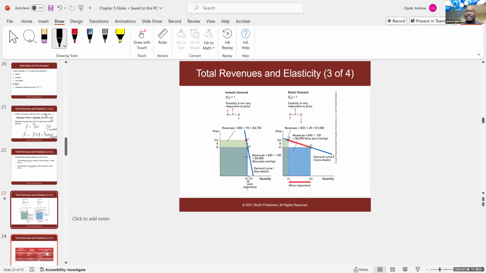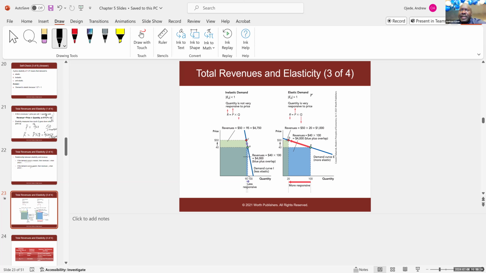Okay, let's do an example here. You see, I have two types of demand curve here. The demand curve which is flatter, we say it has got what? Elastic demand. The elasticity of demand is always greater than 1 when you calculate it. A steeper demand curve like this, those are goods with inelastic demand, meaning that a 1 percentage point increase in price triggers a disproportionately smaller decrease in quantity demanded.